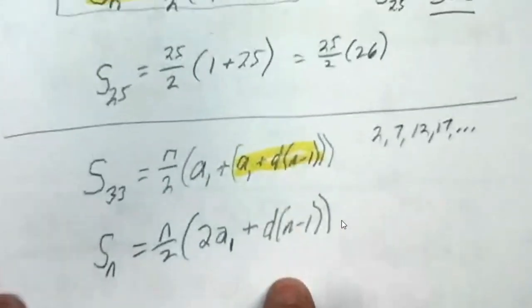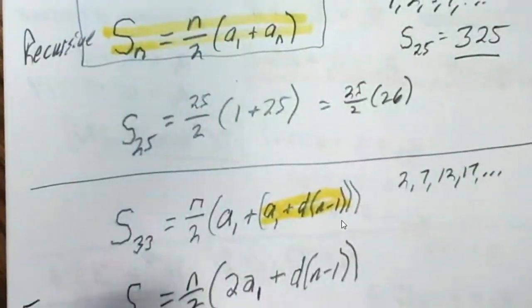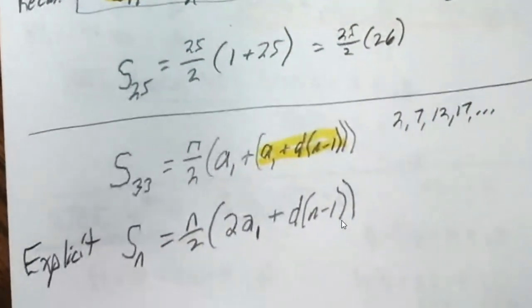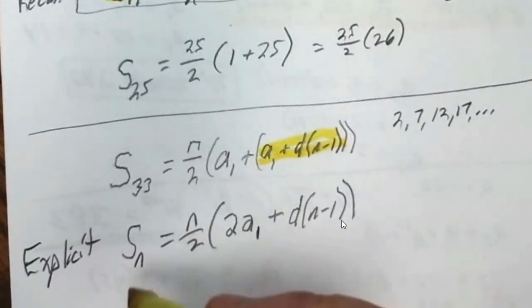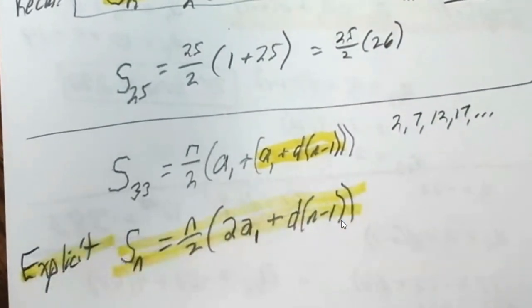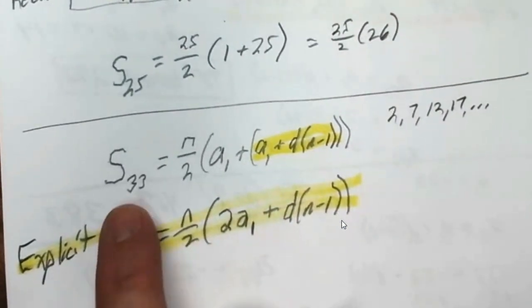So this is like the recursive. This is like the explicit. This will jump straight to any number. So we can use that to find the 33rd term here.